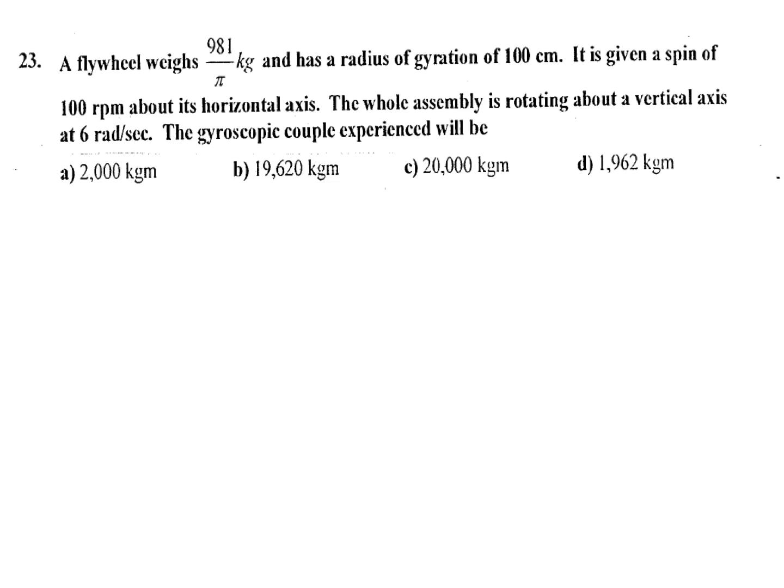We have to calculate the gyroscopic couple. So first we will write the data given. M equal to 981 by pi kg. Then radius of gyration K equal to 100 centimeter or 1 meter.